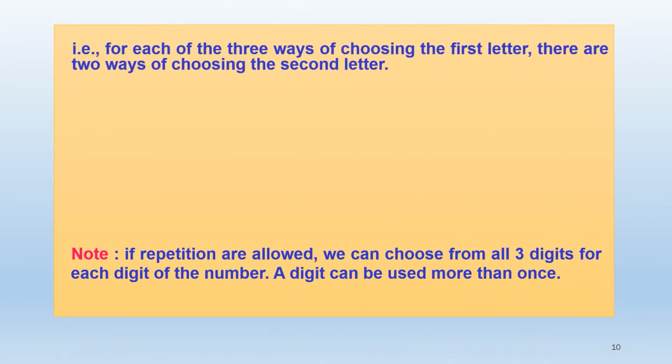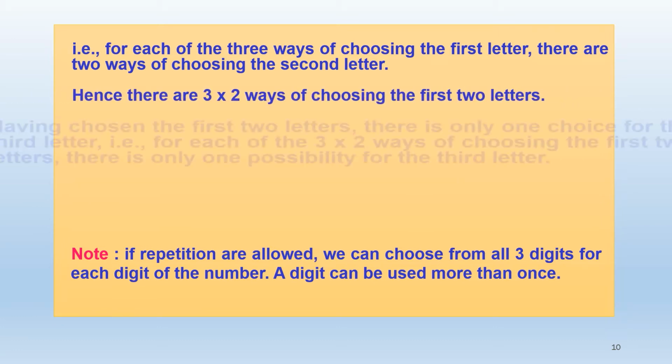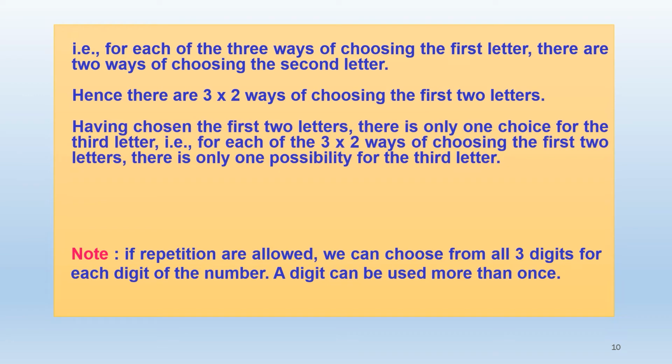Okay. For each of the three ways of choosing the first letter, there are two ways of choosing the second letter. Hence there are three multiply two ways of choosing the first two letters. Having chosen the first two letters, there is only one choice for the third letter. Maksudnya kita dah pilih daripada tiga tu.